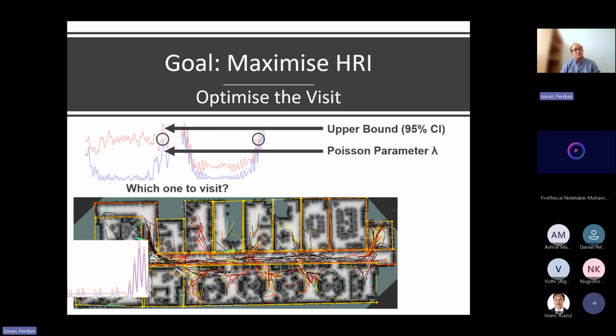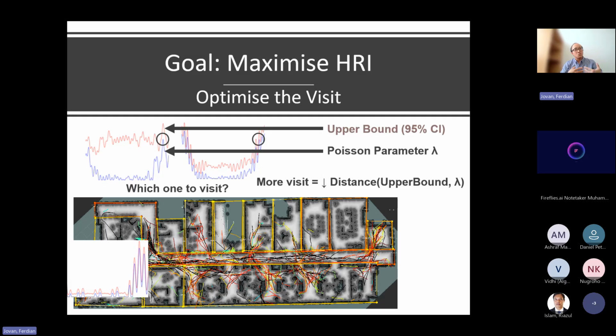Whereas the more the robot visits this place at that particular time, the more the distance between the red line and the blue line will compress, so the variance shrinks and they are close to each other. At this point, when you choose the red point here, it means the robot already knows from the history that it will see this many people in this place.